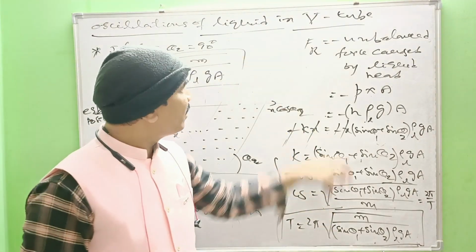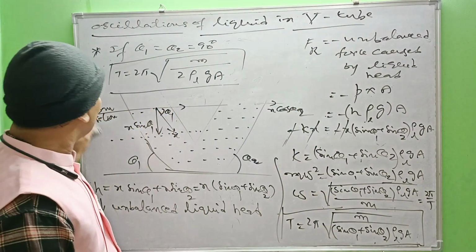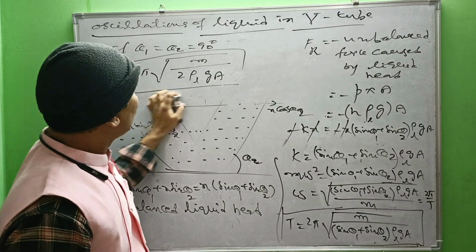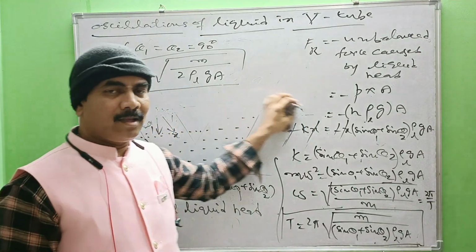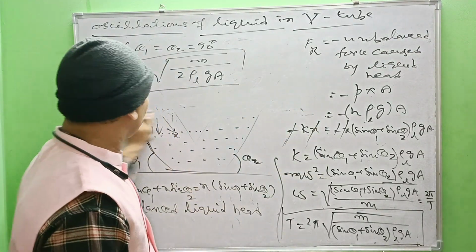The earlier one is for a V-shaped tube. So that's about oscillation of liquid in a U-shaped tube and a V-shaped tube.